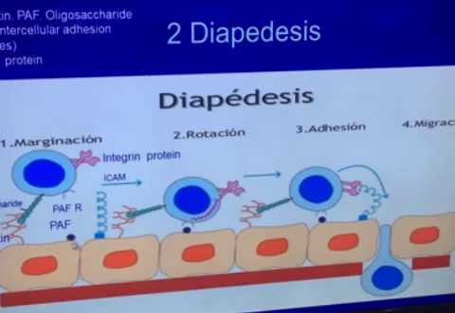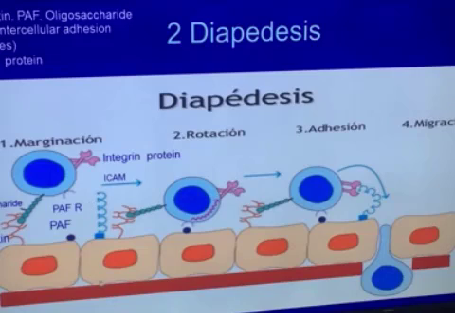The other factor is platelet activating factor. This factor also appears on the endothelial surface. And the third protein is ICAM, the intercellular adhesion molecule. This also appears on the surface of the cell.